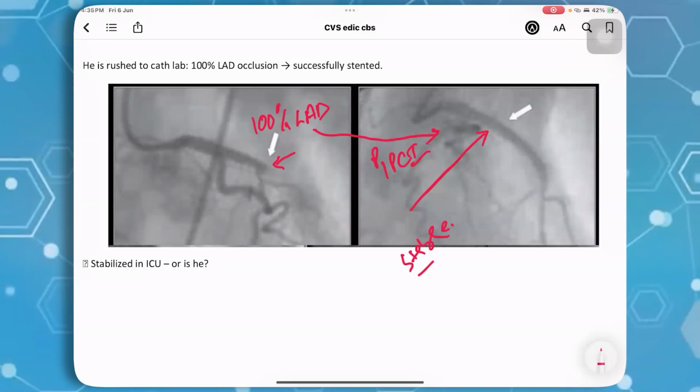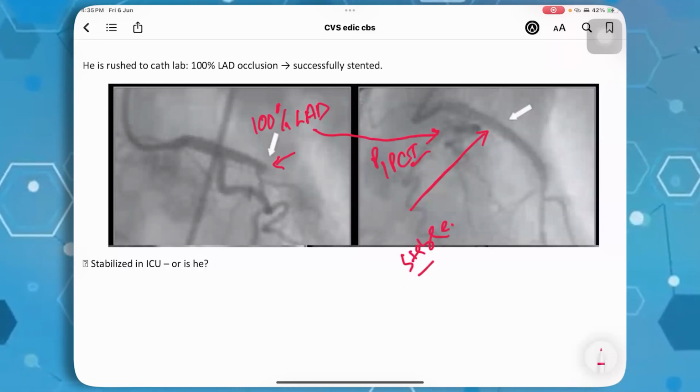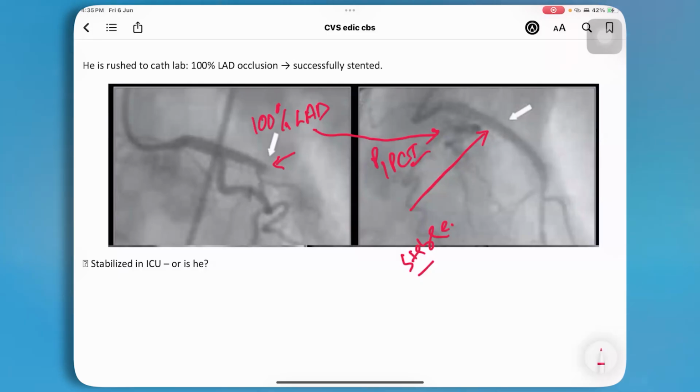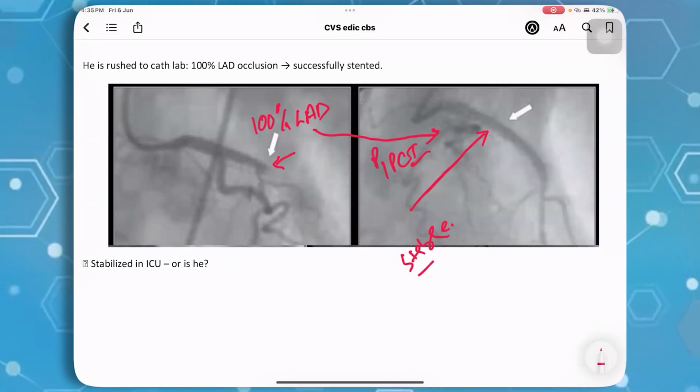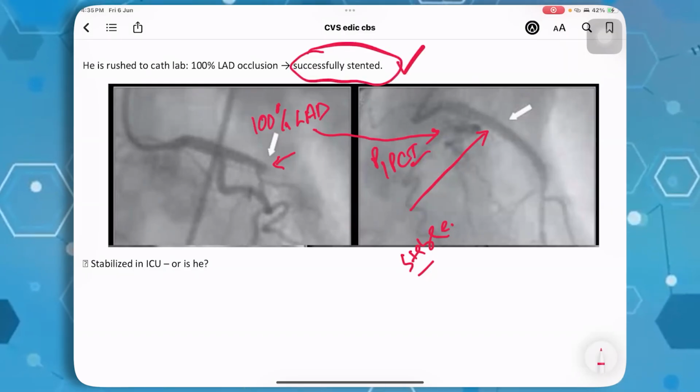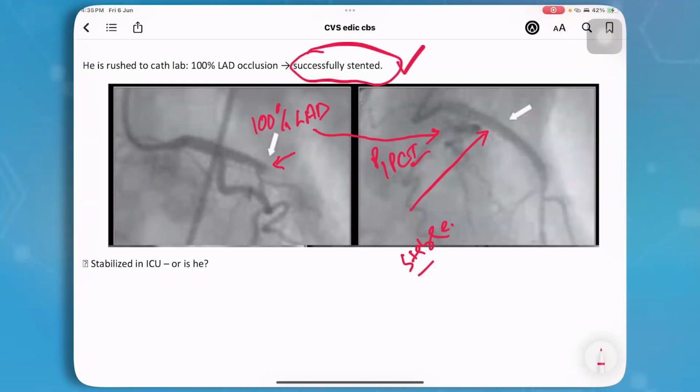What complications do you suspect or expect in this patient after the LAD has been opened? Now the stent has been done. Anyone? What complications do you suspect to happen?